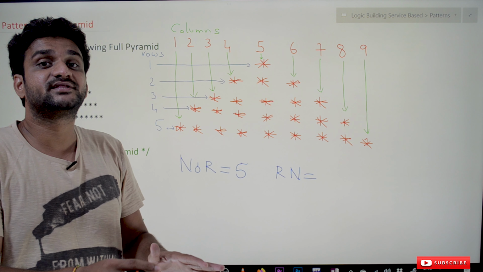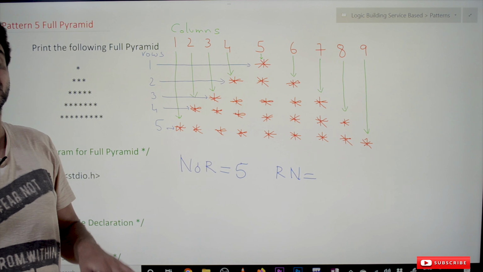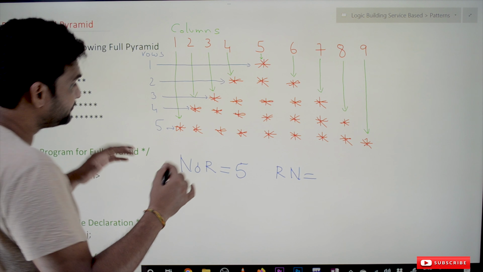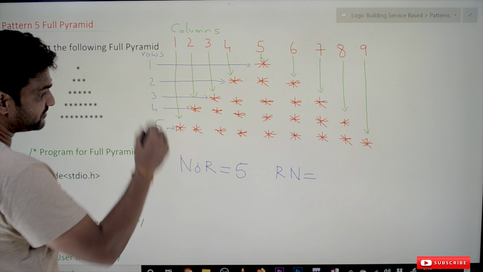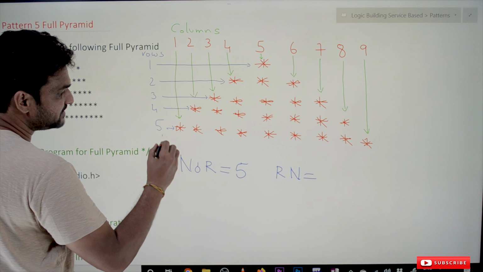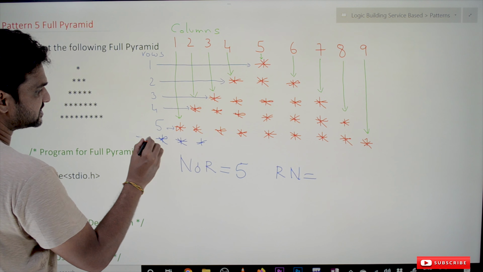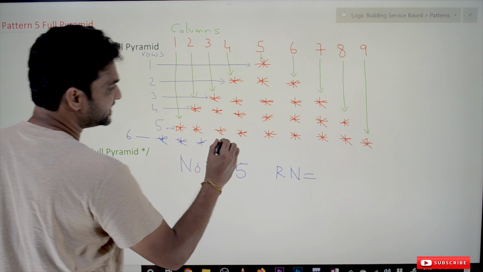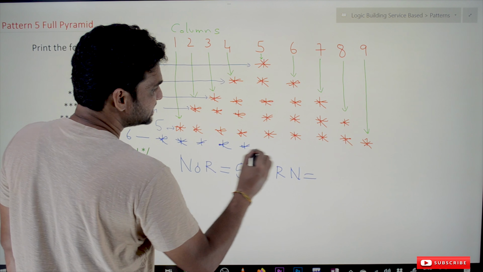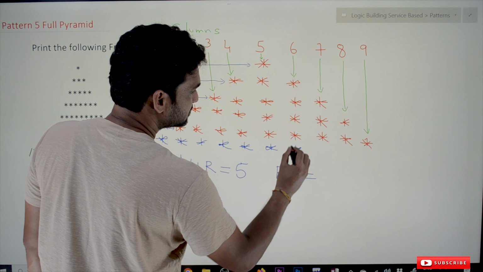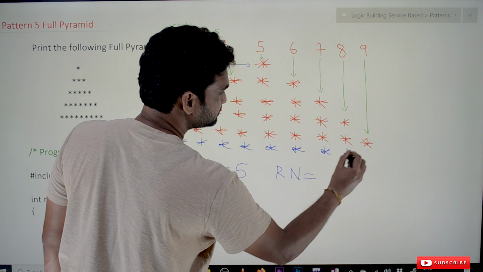For example, if you take the number of rows to be 6, how many columns will be there? If you take the number of rows to be 6, how will the pyramid be? The pyramid will be in this way. So we have to add an extra row. The 6th row has to be added, and the pyramid should be in this way.